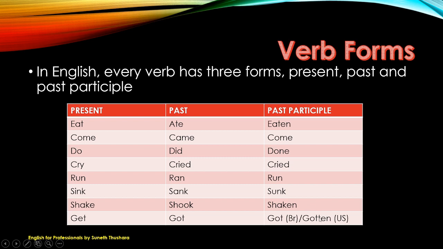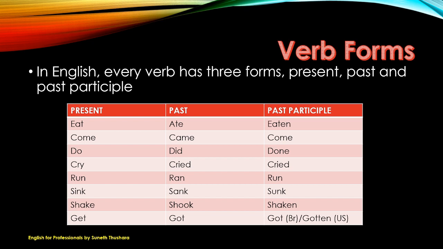Of course, you have to learn these three forms of a verb by heart. In English it is very easy because you have only three forms of a verb. If you take another language like French or German, you have to learn many forms of a single verb by heart. So, we should be happy.